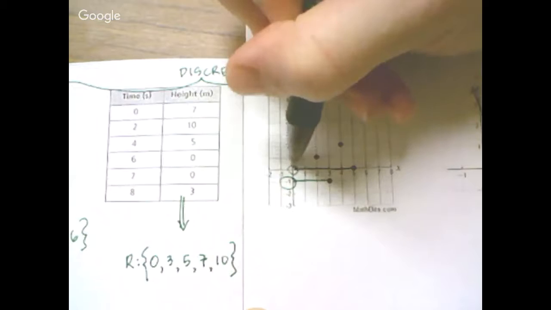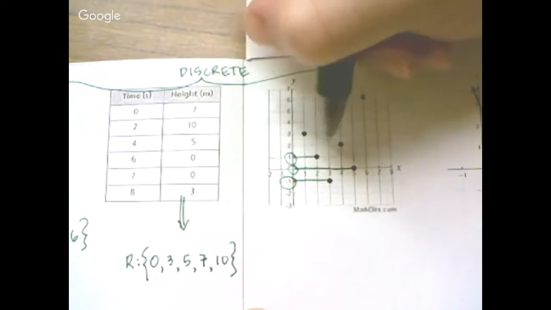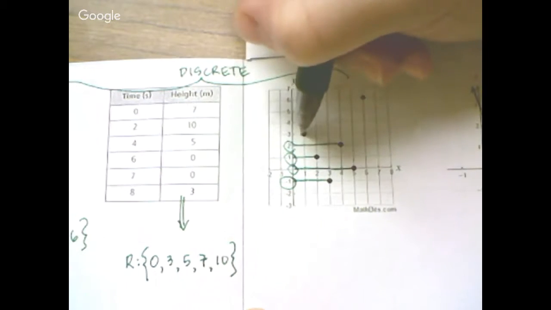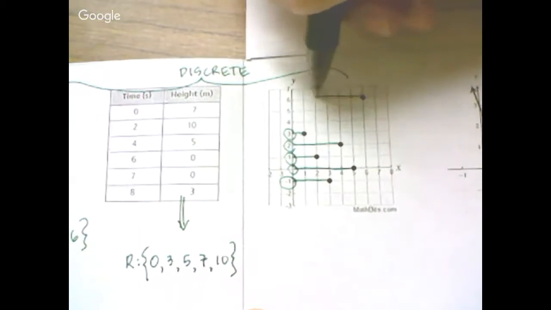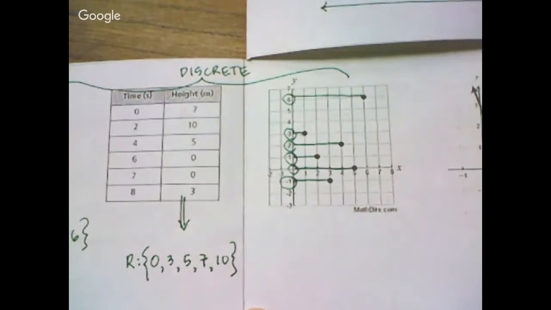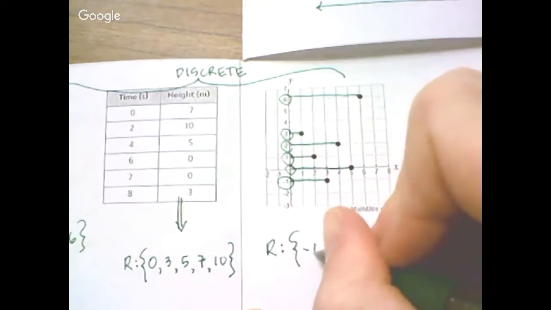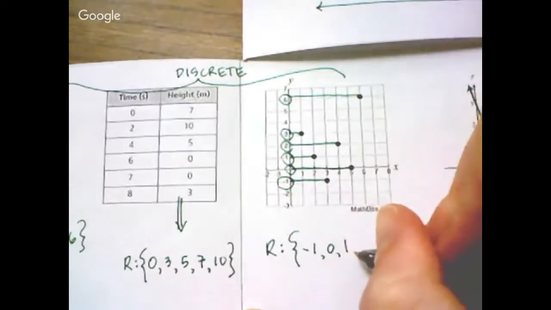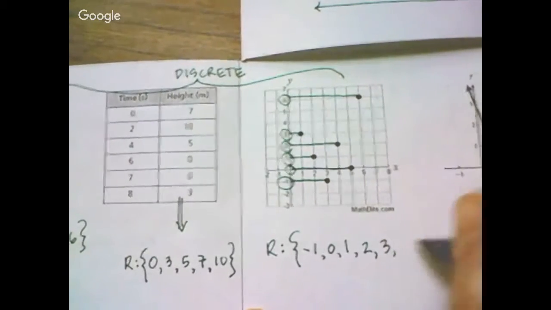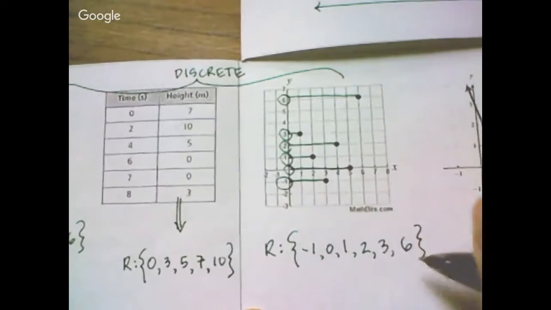So over, this is a 0, 1, 2, 3, and 6. So in this case, my range is -1, 0, 1, 2, 3, and 6.